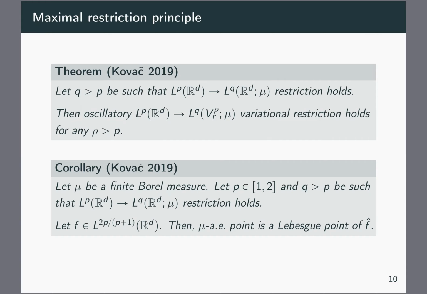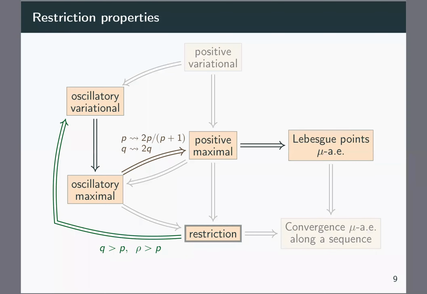So this is really a maximal restriction principle, or if you want a variational restriction principle, because this works for any measure mu, there's no restriction. As a corollary, if we look back at the diagram, there now is a path from restriction to Lebesgue points via oscillatory variational restriction, oscillatory maximal, positive maximal, then Lebesgue points.